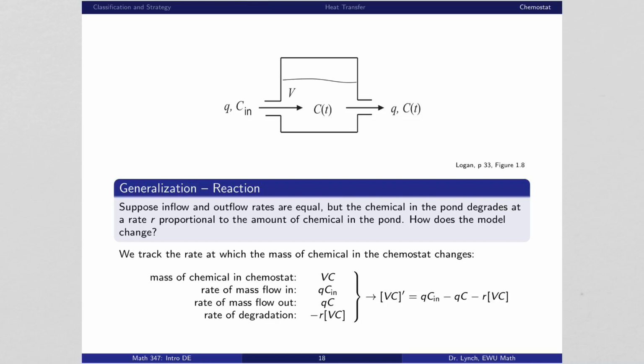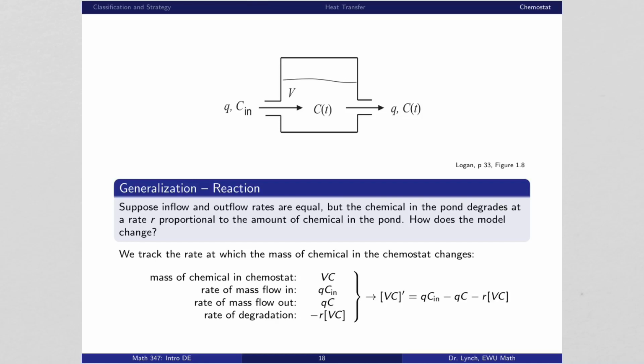The rate at which mass flows out is Q times C, again because of this continuously stirred reactor or constant concentration assumption about the mass in the tank. We take the rate out to be Q and the concentration out to be the concentration in the tank. And then again, the rate of degradation is proportional to the amount of chemical in the pond, which is just given by V times C.